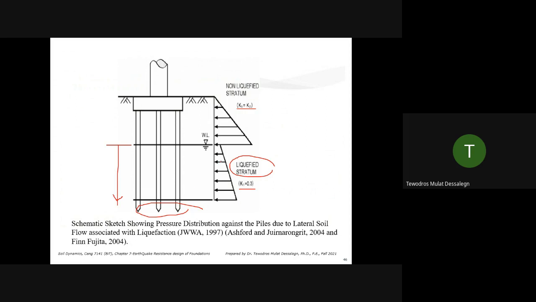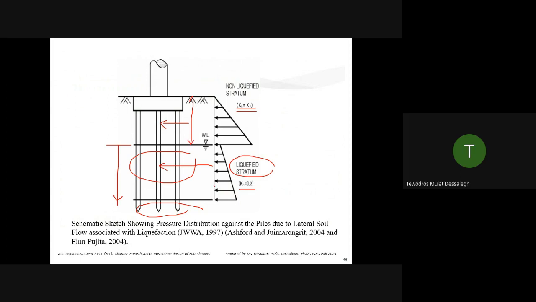So this is turning into a liquid or semi-liquid. Then here, we assume a lateral load from the soil, around 30% of the load, to act on the pile. And over here, the entire soil to act on the pile, 100% of the lateral pressure. This is a Japanese code approach.